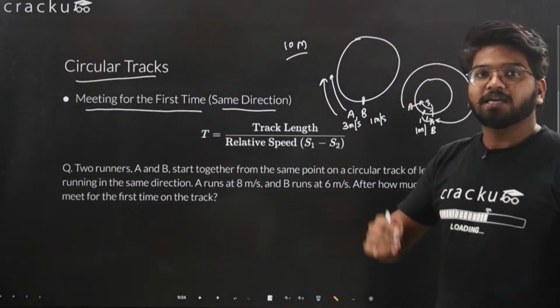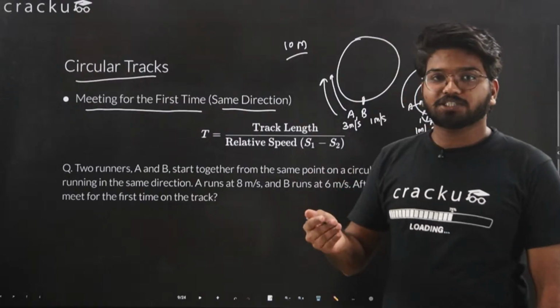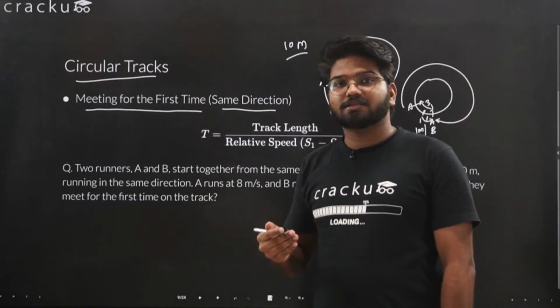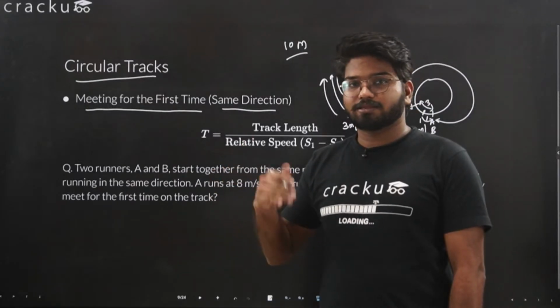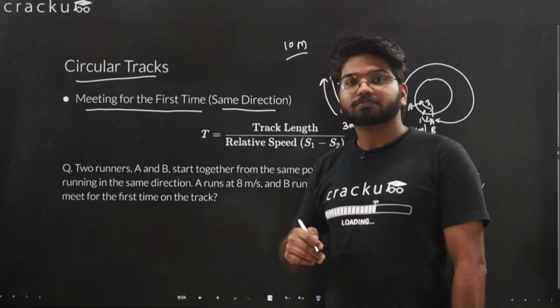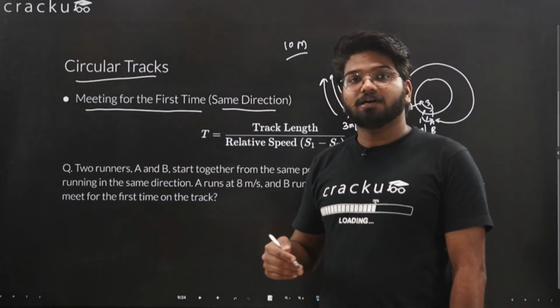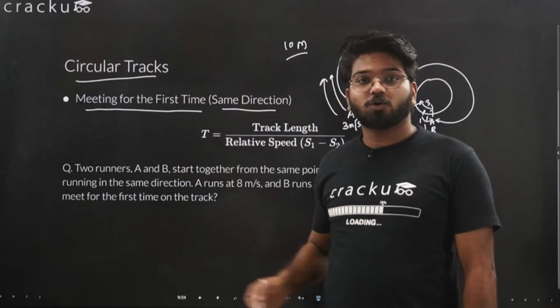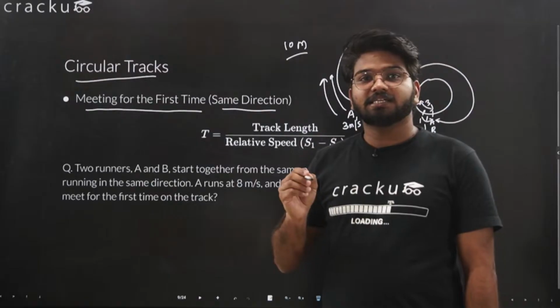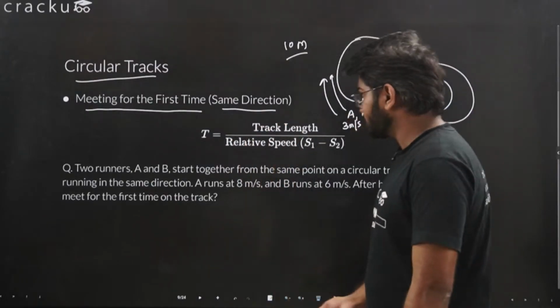Basically, if two persons are starting from one point and they are moving in the same direction, then the faster person will clearly pass the slower person. Then for meeting for the first time, the only possibility is the faster person has to cover the whole track and then reach, or basically pass, the slower person.